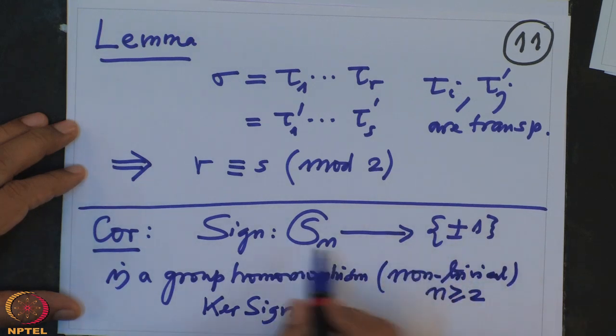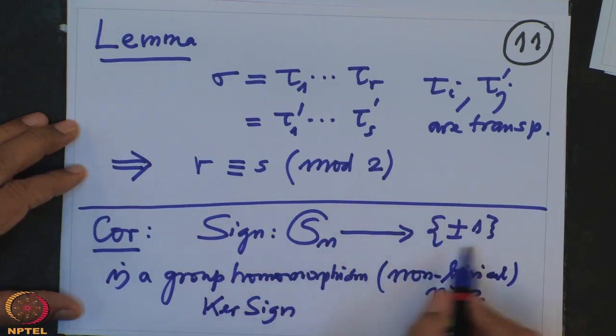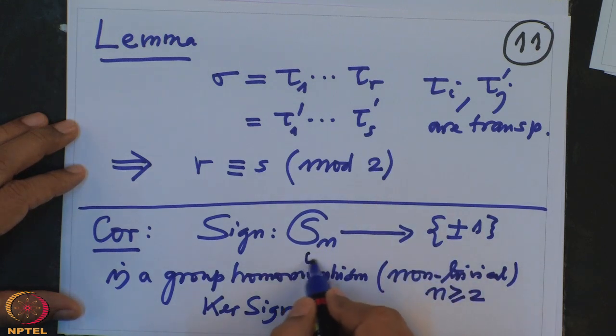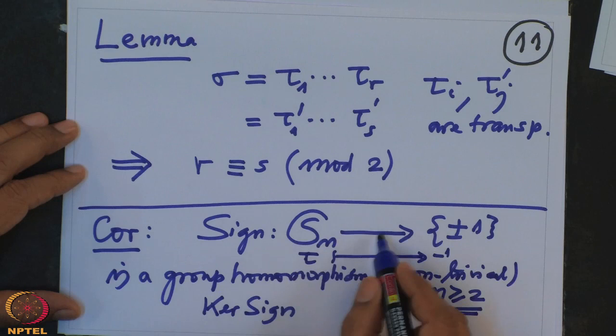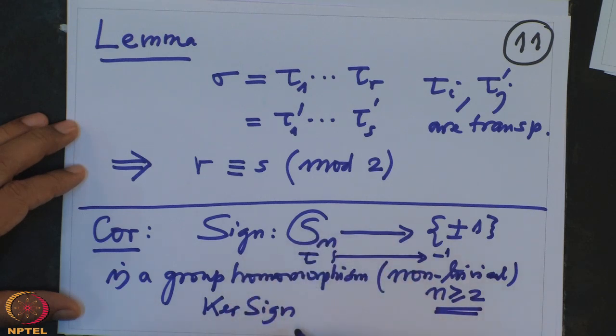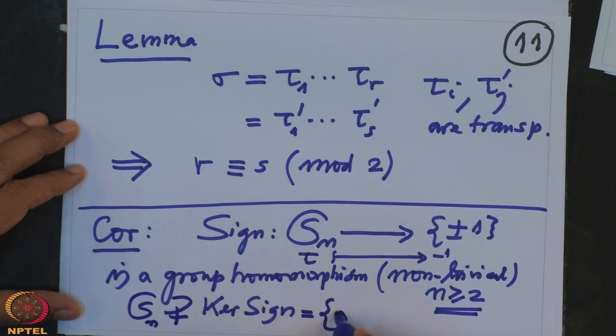Non-trivial means that not everybody goes to 1; at least one element goes to minus 1, and the transpositions go to minus 1. Because n is at least 2, there are transpositions. Therefore the kernel of this homomorphism is not the whole group; it is properly contained in Sn.